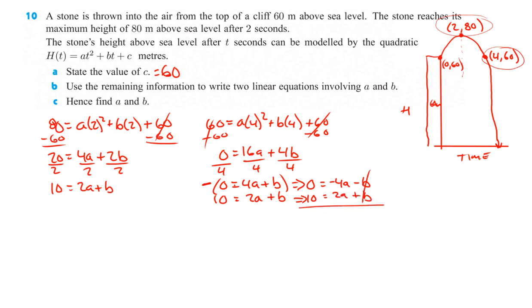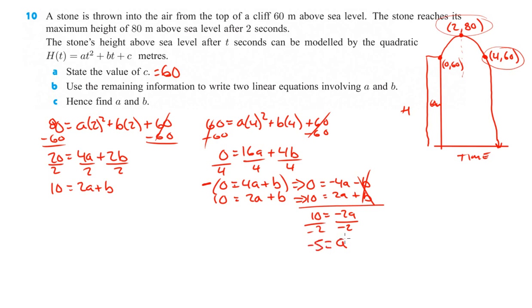When we add these together, the b's cancel out, so we get 10 equals negative 4a plus 2a is negative 2a, divide by negative 2, and we get that a has to, not 9, but a, that was terrible. Let me try that again. A equals negative 5.